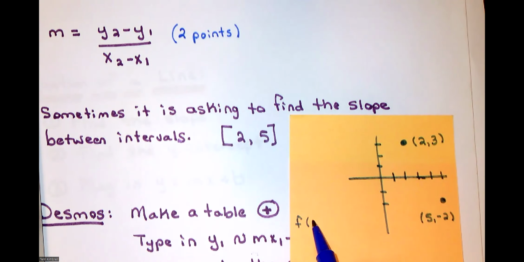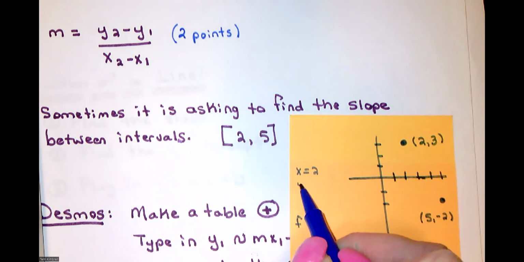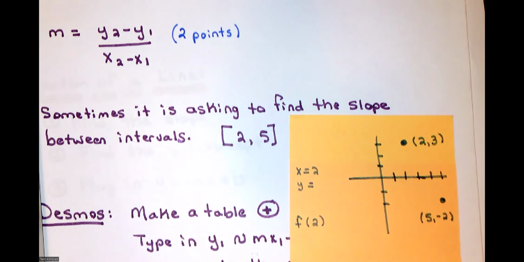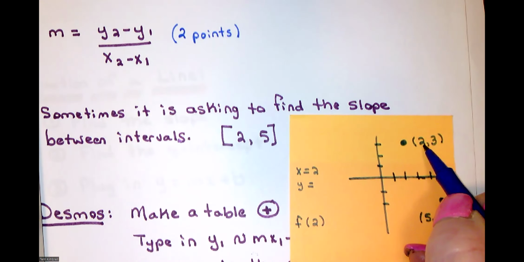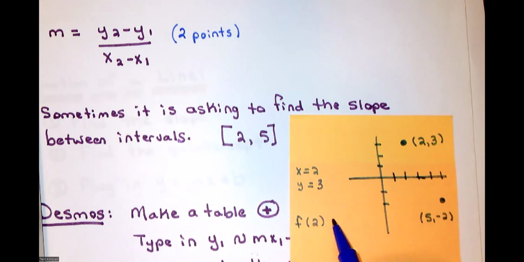So remember, if we do that, it's f of 2. So if my x is 2, we need to look for the y value. So if you look here, the x is 2, the y is 3. So f of 2 equals 3 means the point (2, 3).